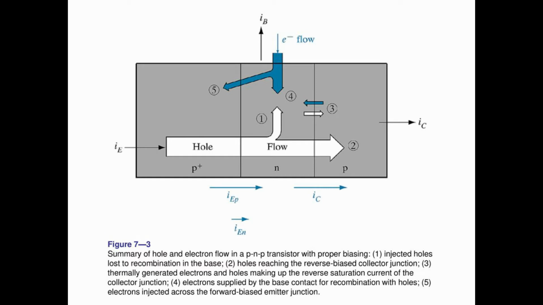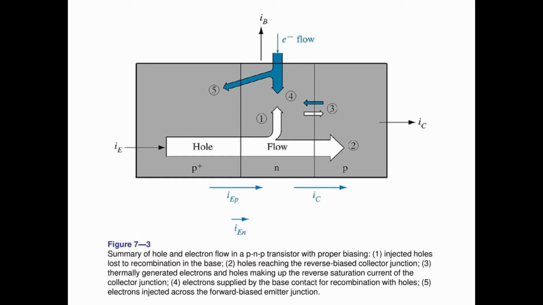That is, when holes move from the emitter to the base, some injected holes are lost due to recombination with the electrons, and the leftover holes will reach the collector, forming number 2. That is, the holes which reach the collector, and only a few holes are lost during the recombination process in the base.